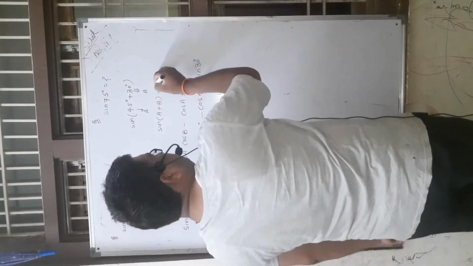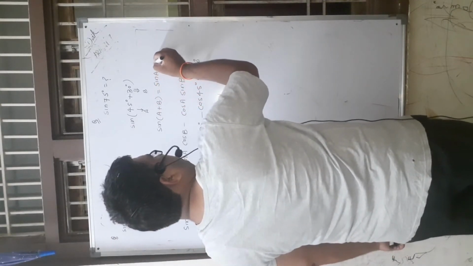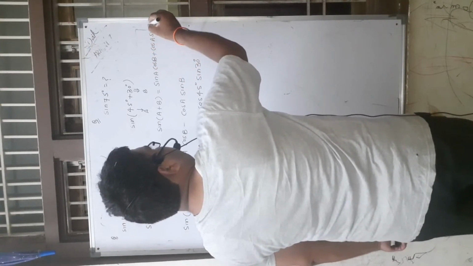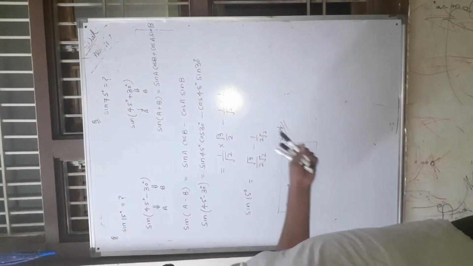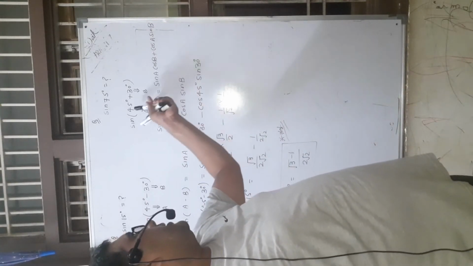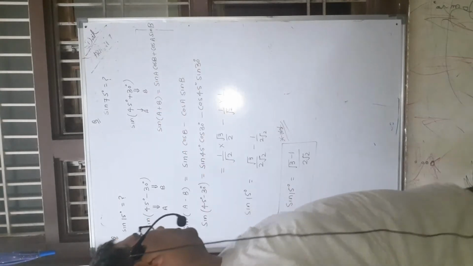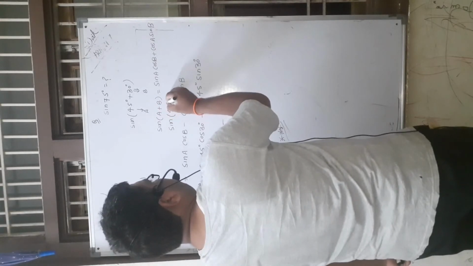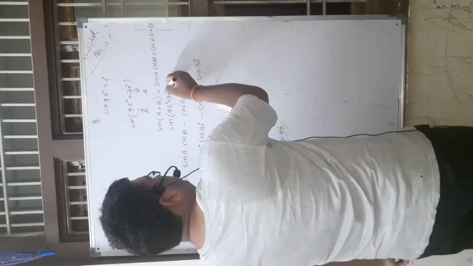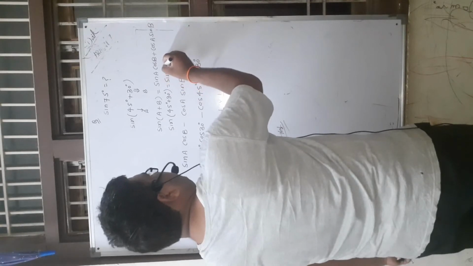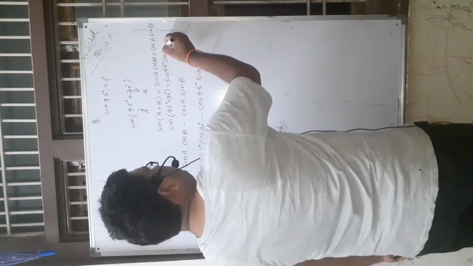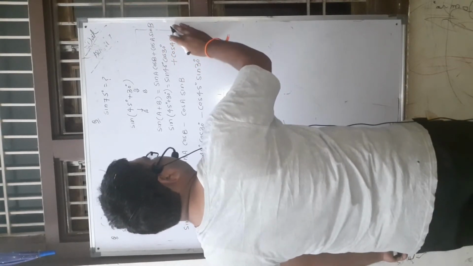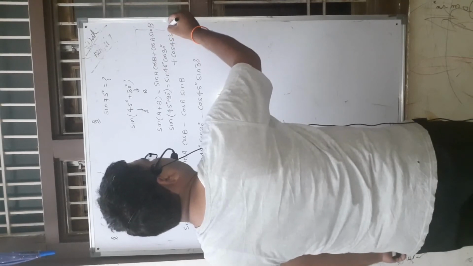Sine A plus B is equal to sine A cos B plus cos A sine B. So here guys, we have to write the values of A and B. Here A is equal to 45 degree and B is equal to 30 degree. So sine A plus B means sine 45 degree plus 30 degree. Here sine A means sine 45 degree, cos B means cos 30 degree, plus cos A means cos 45 degree, sine B means sine 30 degree.